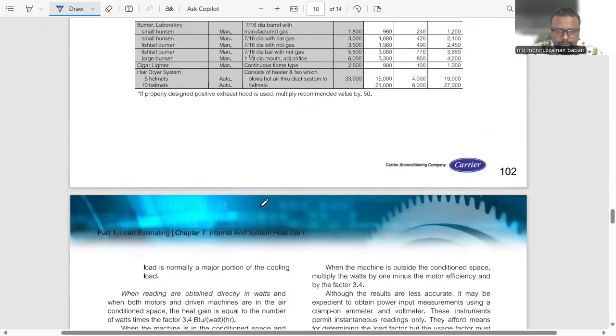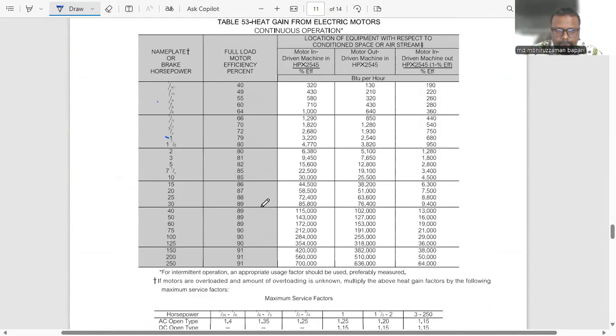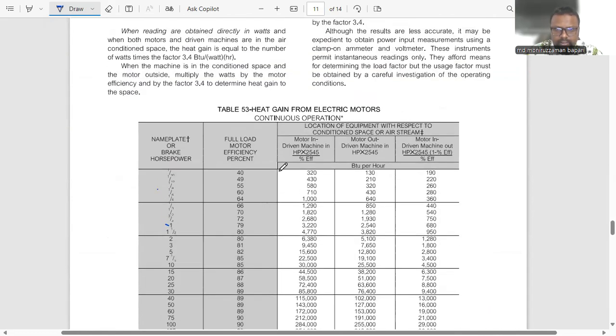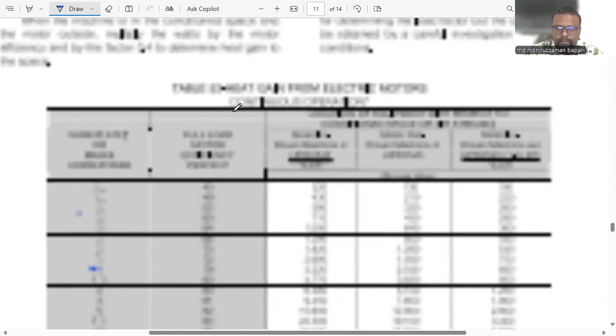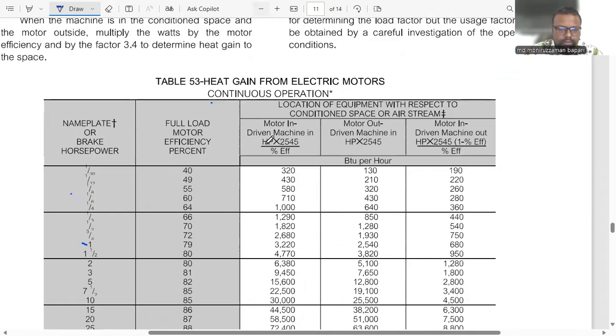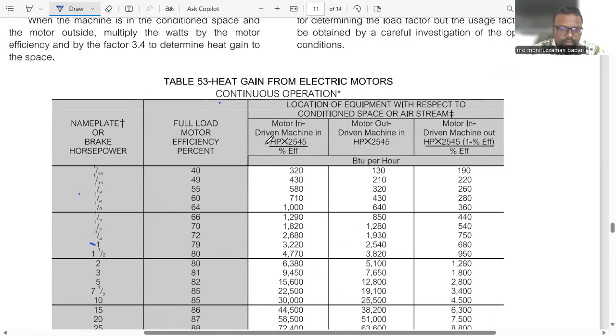Not this one. This is the data, table 53. Yeah, that's better. If you come to the very first column, we get horsepower. So 2 horsepower is the motor rating, at 80% running.